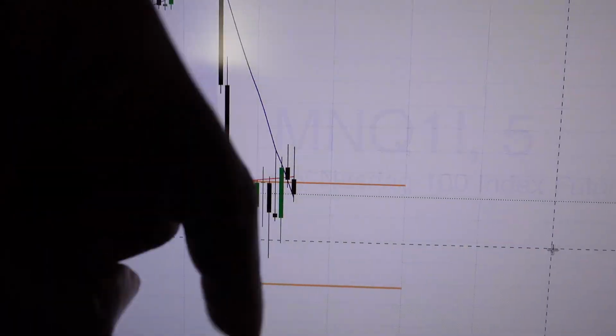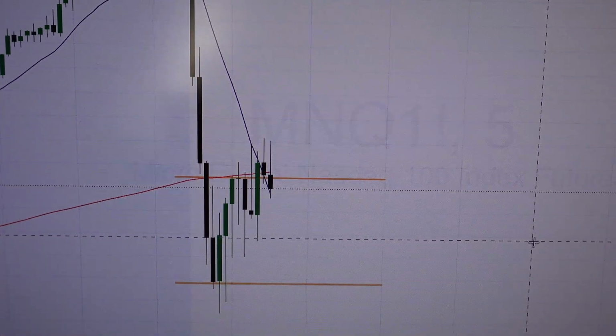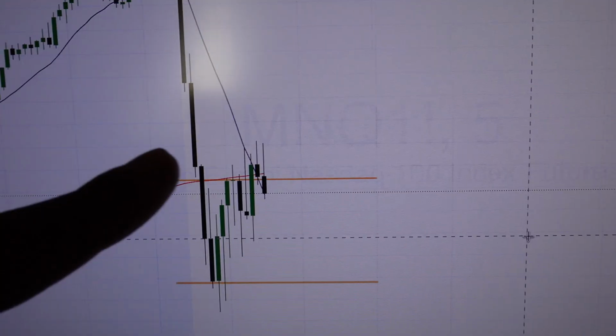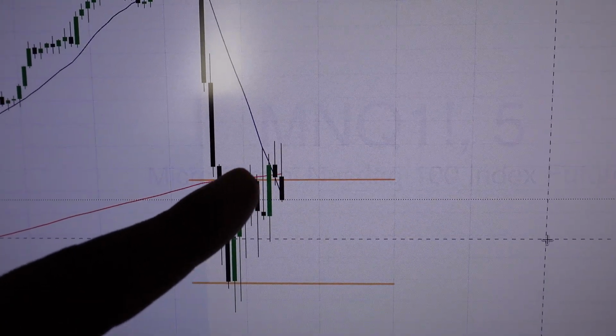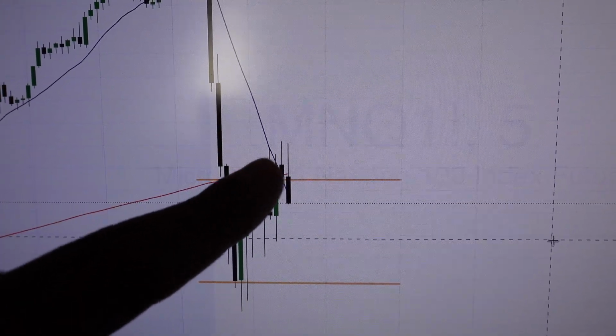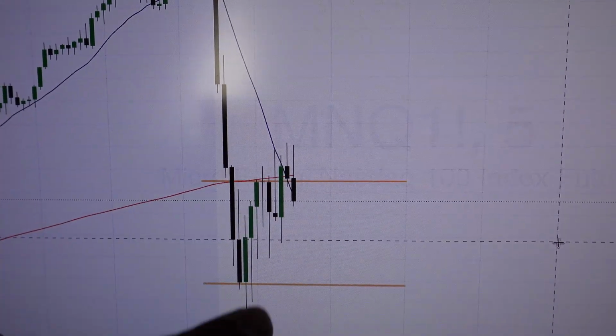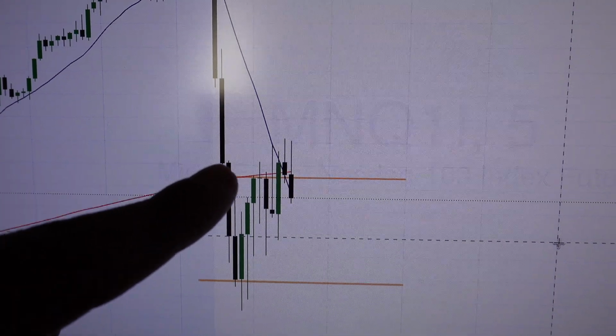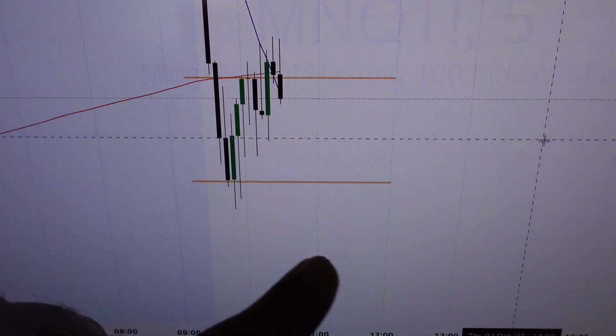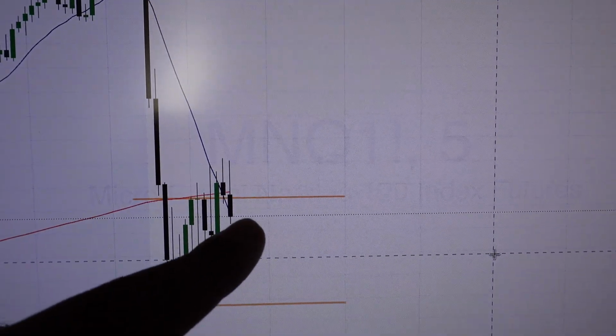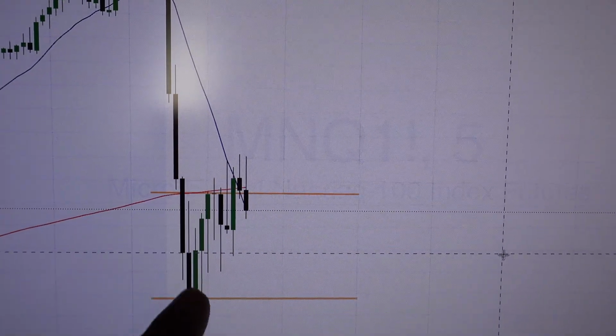So be bearish now and look for sales, because the 200 SMA and the 13 SMA have crossed. Once the 200 SMA is above, that means look for sales. If the 200 SMA is on the bottom, like right here, that red line, that means look for buys.